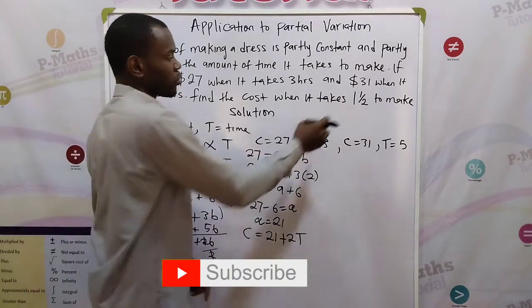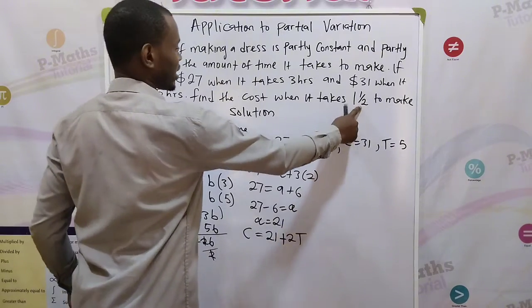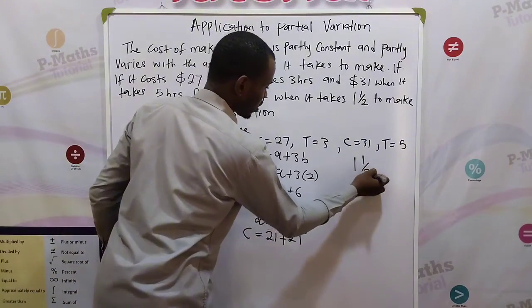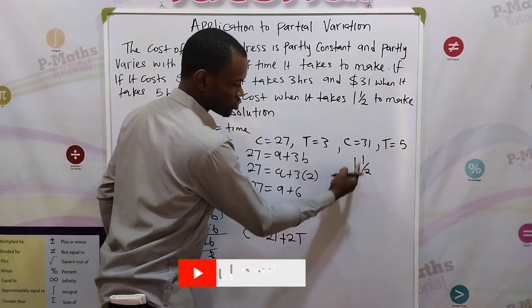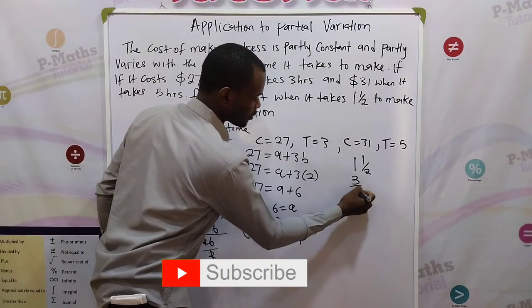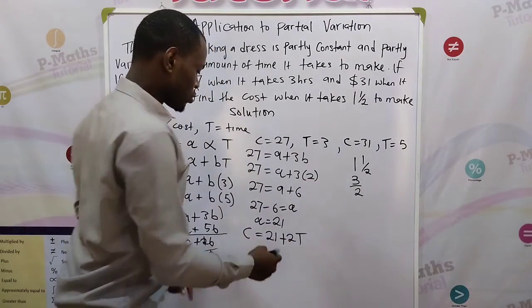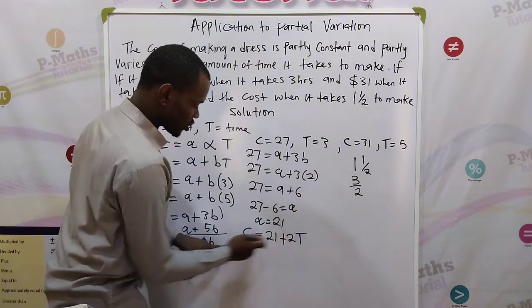Now we are asked to find the cost when it takes 1 hour 30 minutes. That's 1.5 hours. So convert 1.5 hours into an improper fraction. 2 times 1 is 2, plus 1, 3. So we have 3 over 2. Now what we use is 3 over 2 to solve. To get the cost, substitute 3 over 2 for T in this equation.